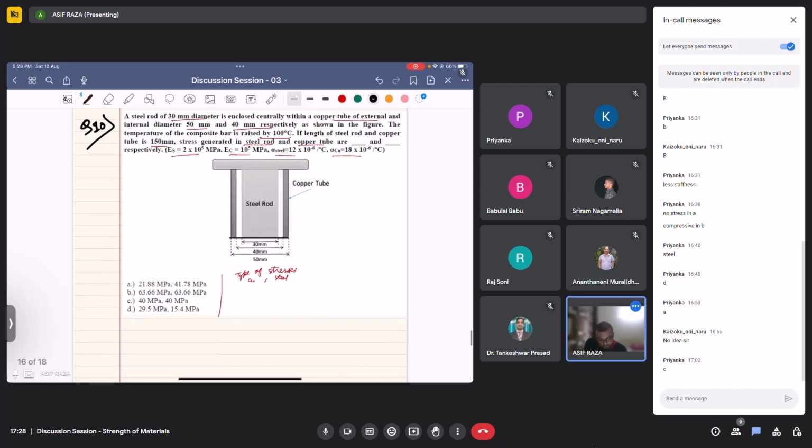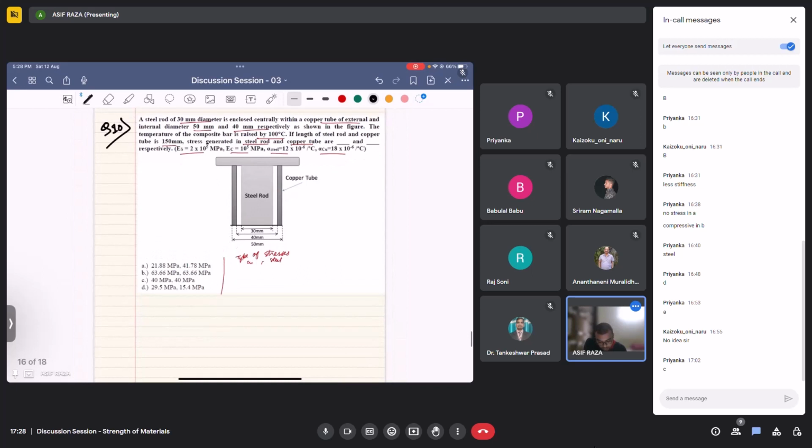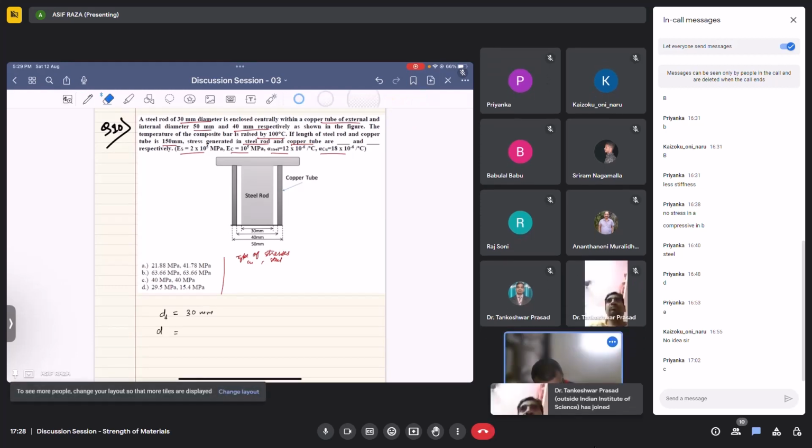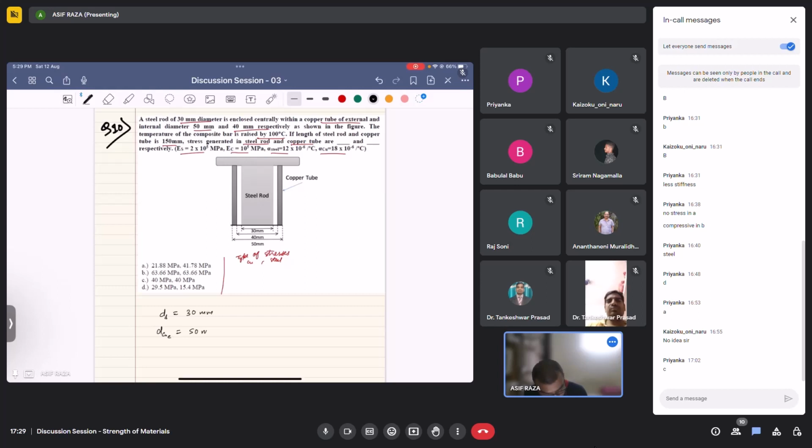Let's first write it down. We are given the diameter of steel as 30 mm, the diameter of copper external as 50 mm, and the diameter of copper internal as 40 mm.